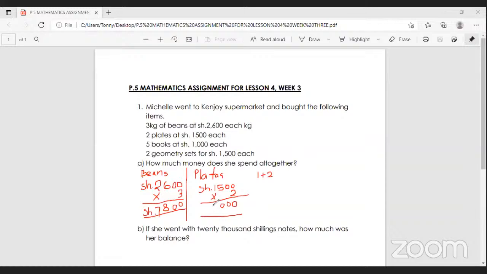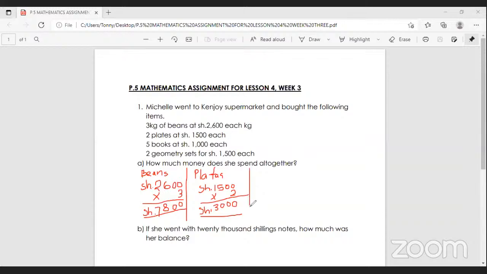So what do we get? 3. So how much have we spent on 2 plates? 3,000 shillings. Very good.